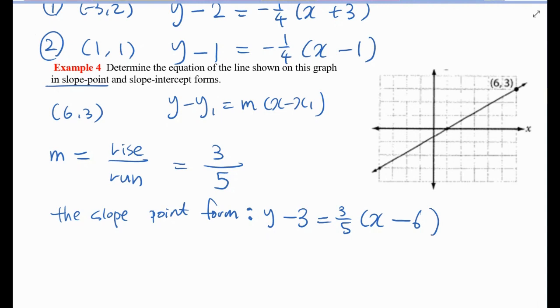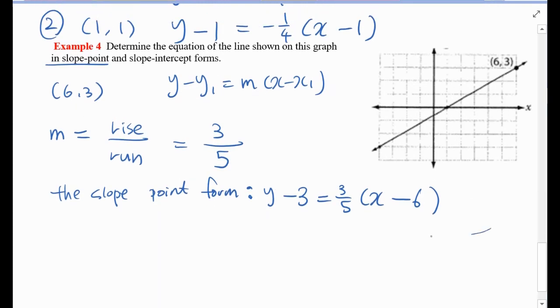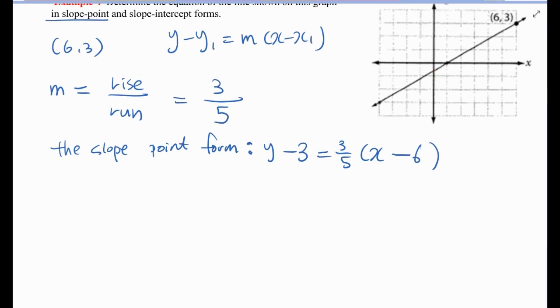And from this equation, we're going to find the slope intercept form using algebra, right? You can also use the graph, but this is not really accurate. We don't know exactly what the y-intercept is. So we're going to use this equation to find the slope intercept form.